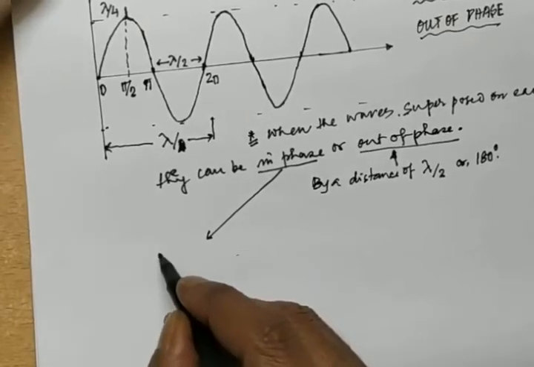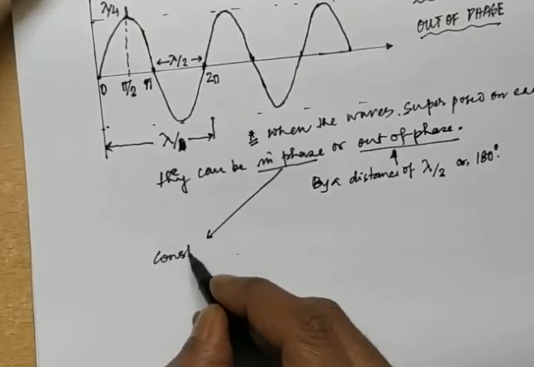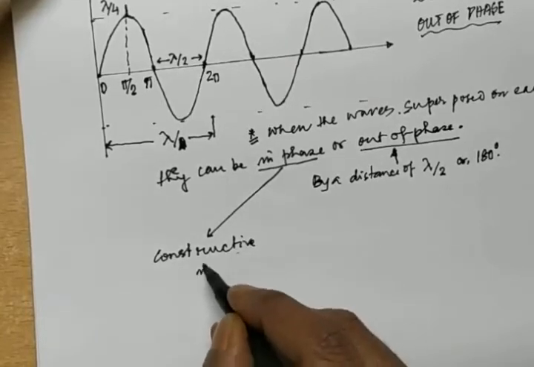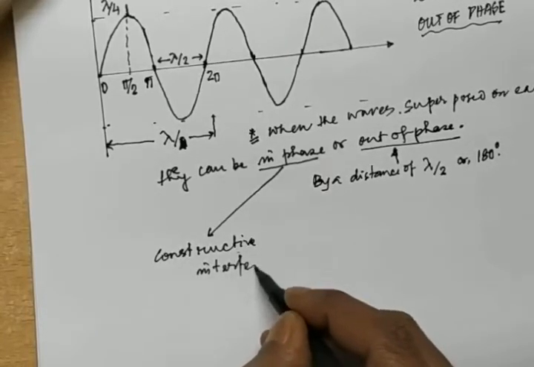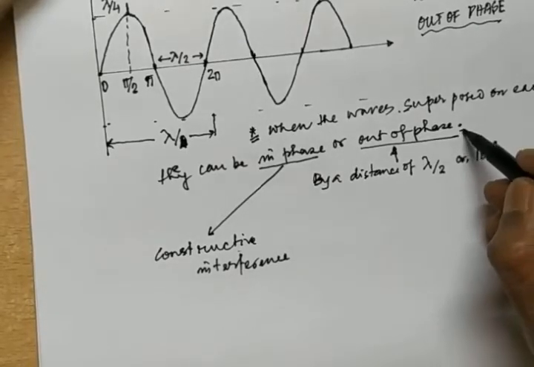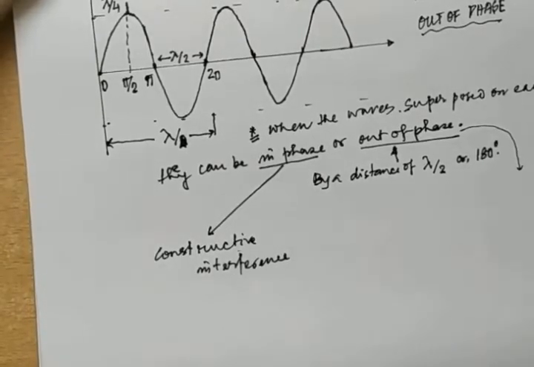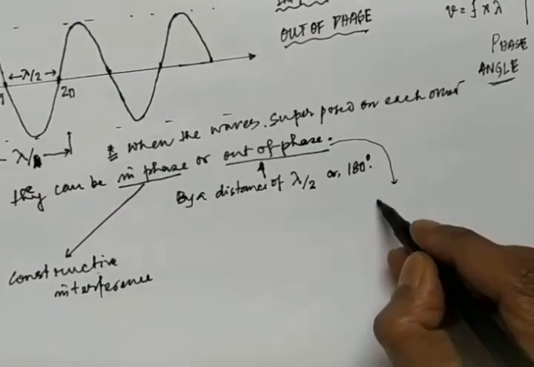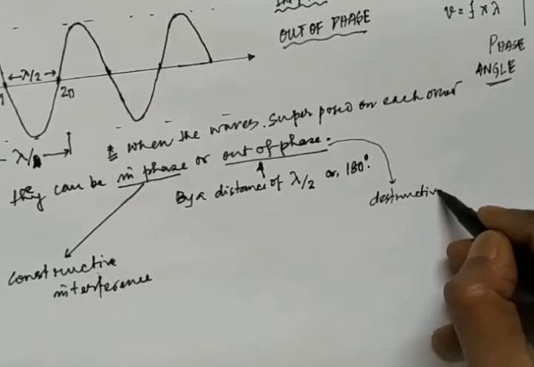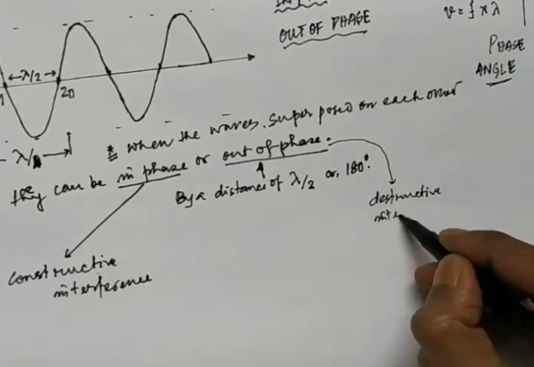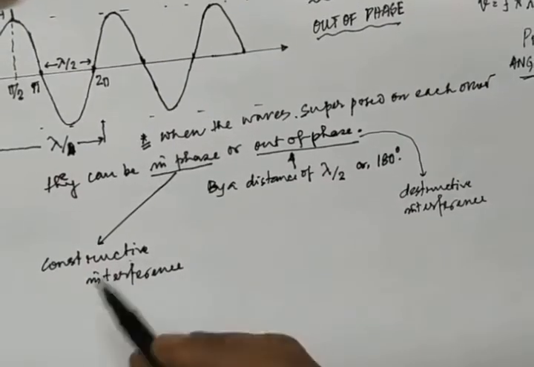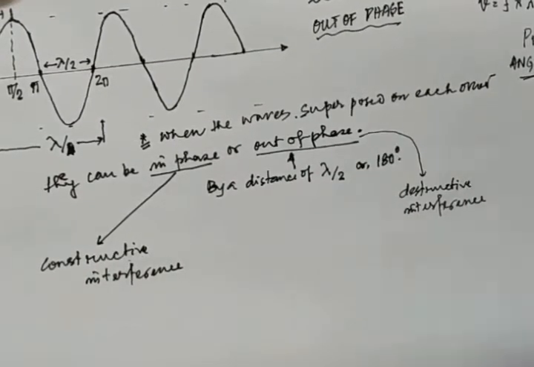It is called constructive interference. Okay? And out of phase gives destructive interference.